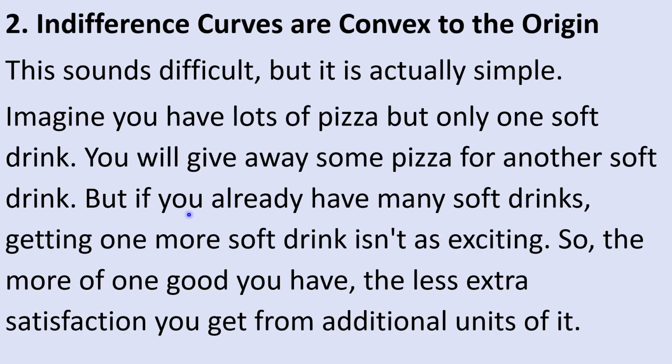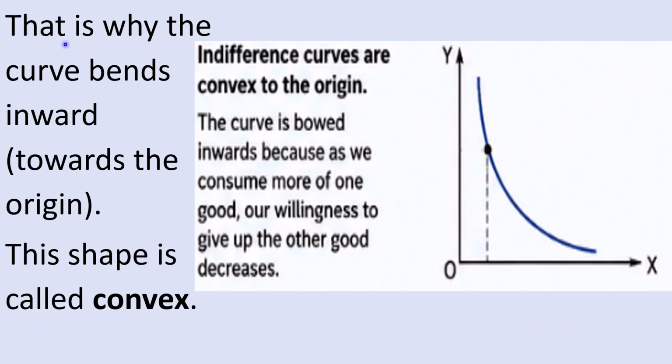But if you already have many soft drinks, getting one more soft drink isn't as exciting. So, the more of one good you have, the less extra satisfaction you get from additional units of it. This is why the curve bends inward. This shape is called convex.